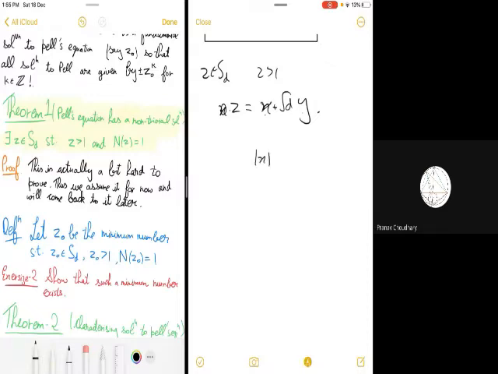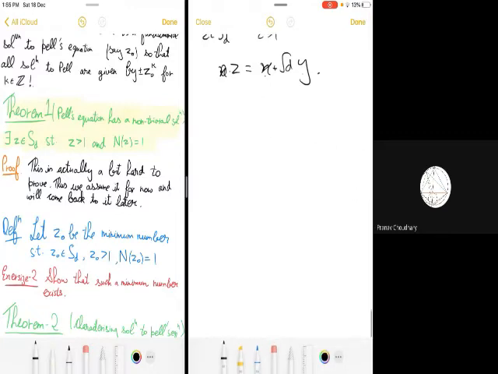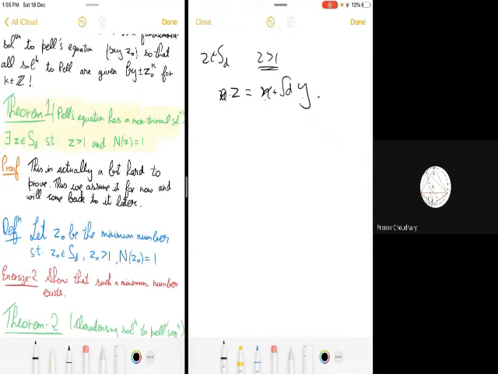My claim is that if z is greater than 1 and z belongs to SD, so z is x plus root d y, then x is greater than 0 and y is also greater than 0.